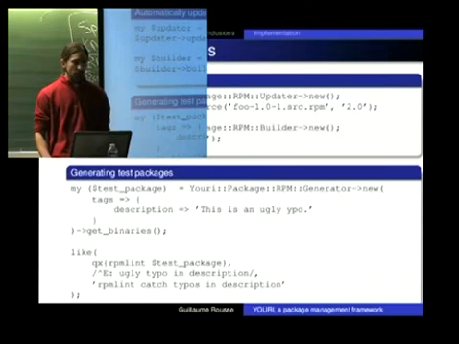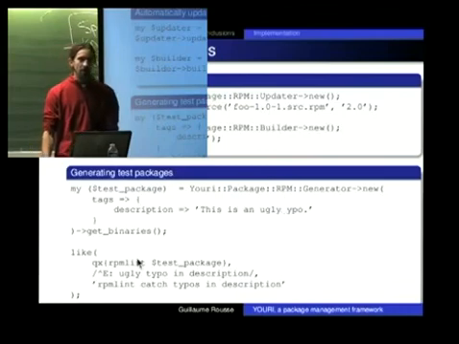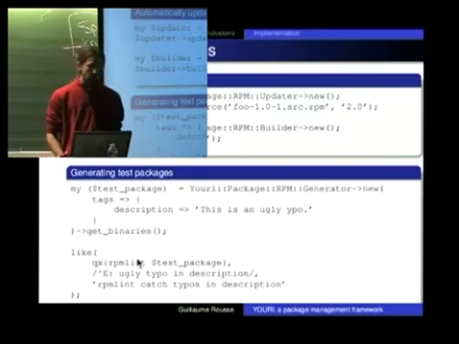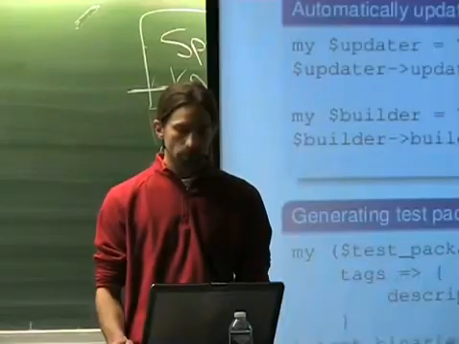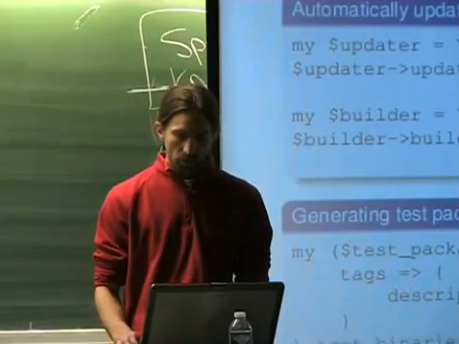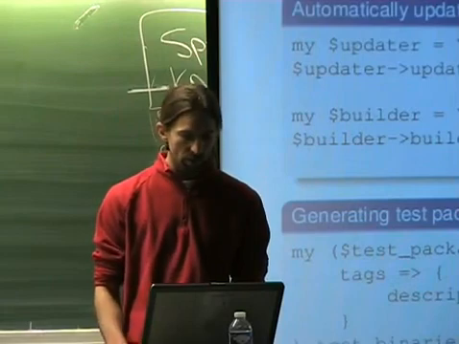You can generate automatically an empty package with nothing inside, with an ugly typo in the description. It is automatically built, and then you can run regular regression tests with it and ensure that your favorite package checking tools still work. That's this kind of stuff you can do with the module suite.